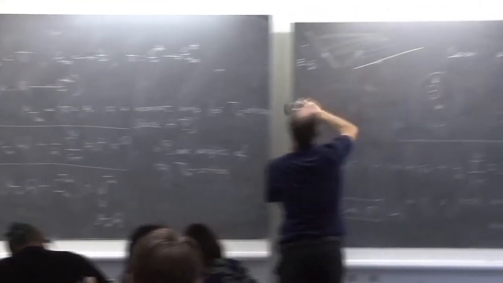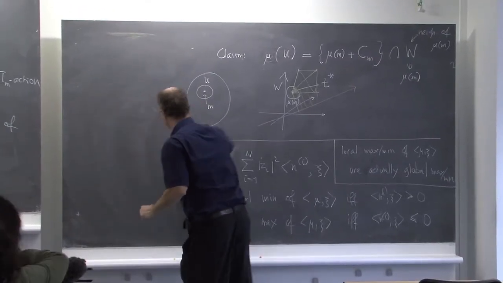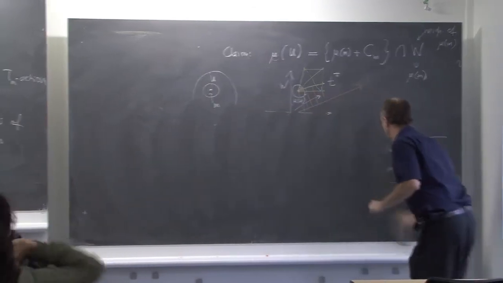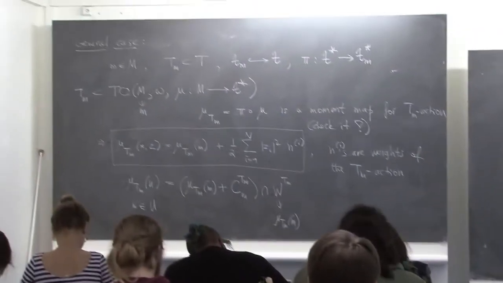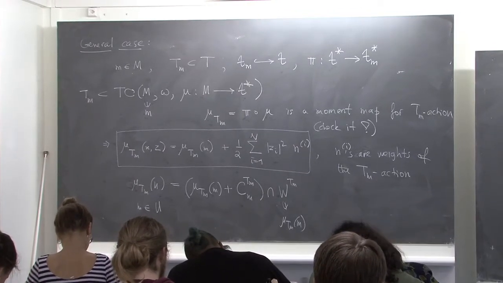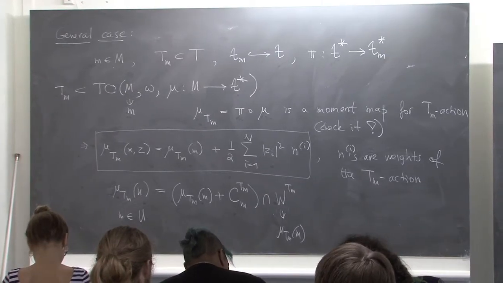Let's first try to guess the answer, and then I will give you a hand-wavy argument supporting it. And then we discuss what we would really need to do if one wanted to prove it.